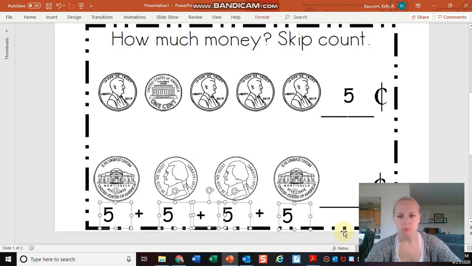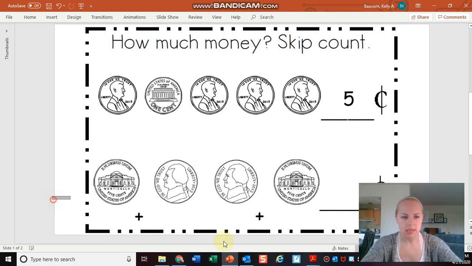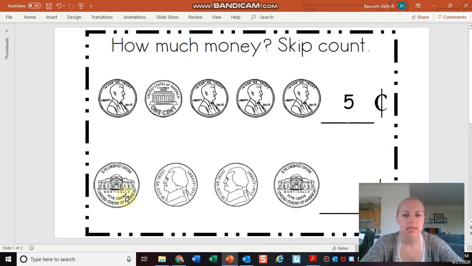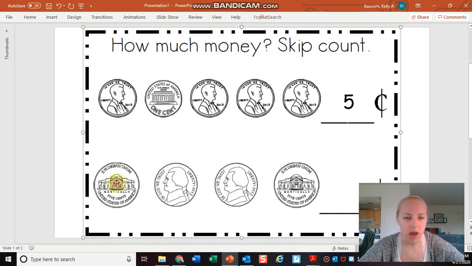Now, something that can be a little confusing with coins is that whenever I give you 4 nickels, you want to say it's 4 cents. But each of these is worth 5. So imagine that really there's 5 cents in each. Okay? So we have to count each of these as 5. So we count 5, 10, 15, 20.